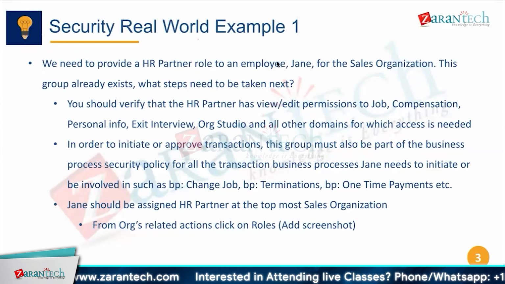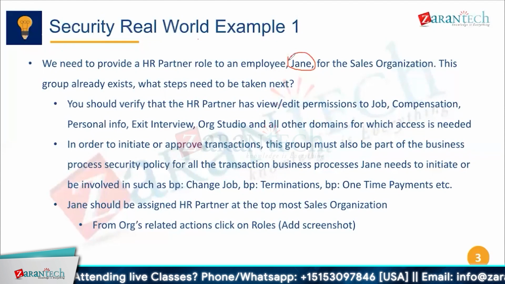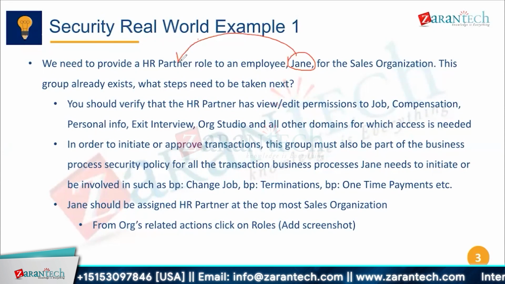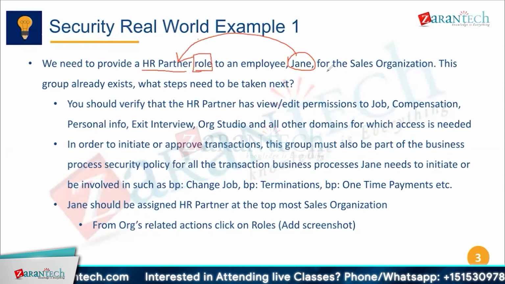Now, they're asking that there is an employee, whether new or old, who should now have access to the HR partner group. This is your employee who needs to be provisioned access to the HR partner role for an XYZ organization.